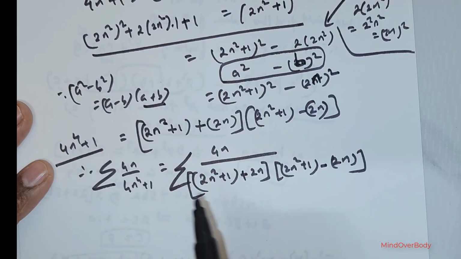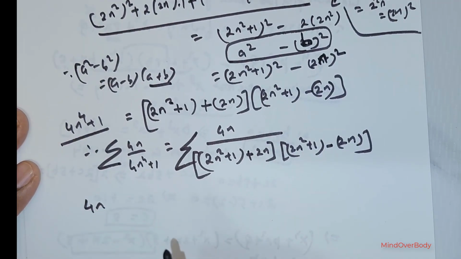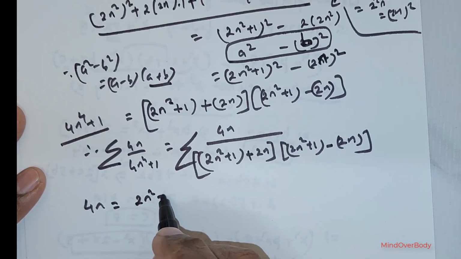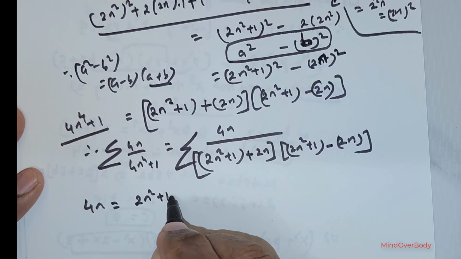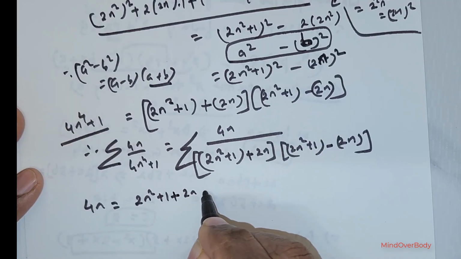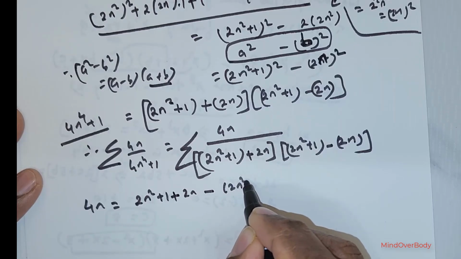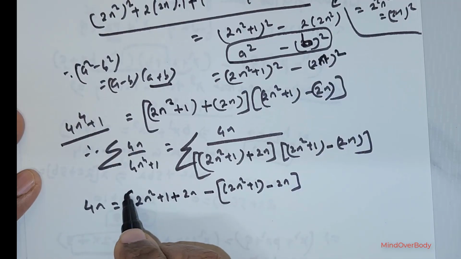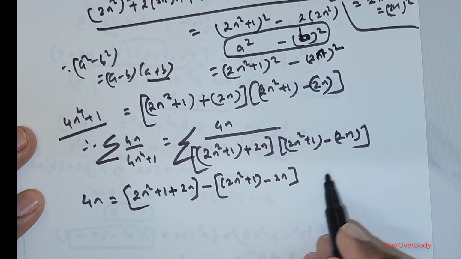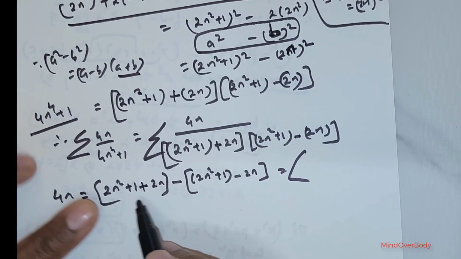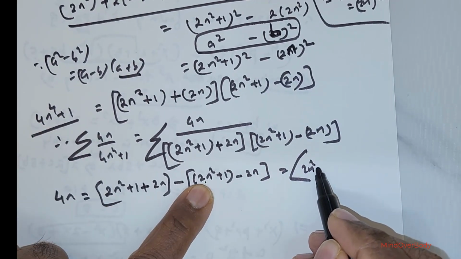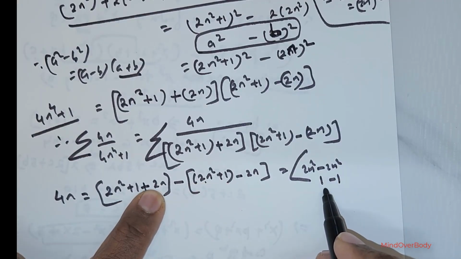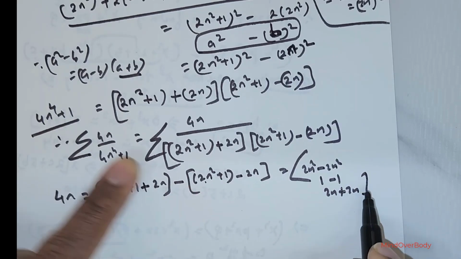Now what I wish to do is split this 4n. Can I write this 4n as (2n squared positive 1 positive 2n) negative of (2n squared positive 1 negative 2n)? Do you think we can write it like this? Let us check. So this is 2n squared minus 2n squared, and then 1 negative 1, and then 2n negative of negative 2n, that's going to give me 4n.